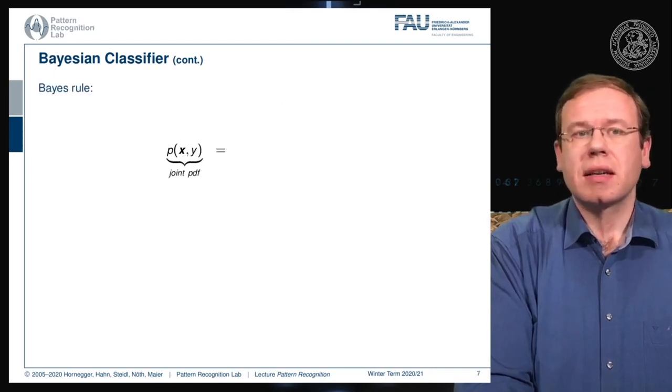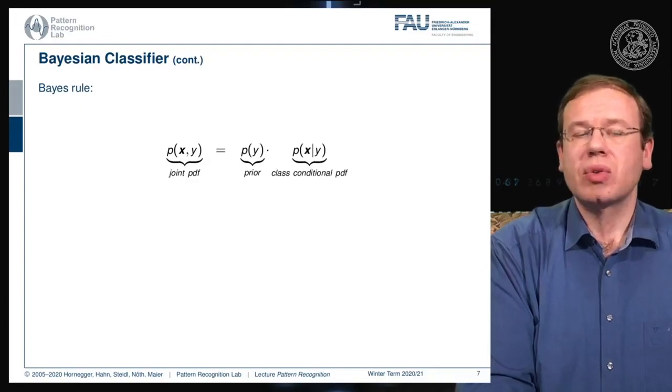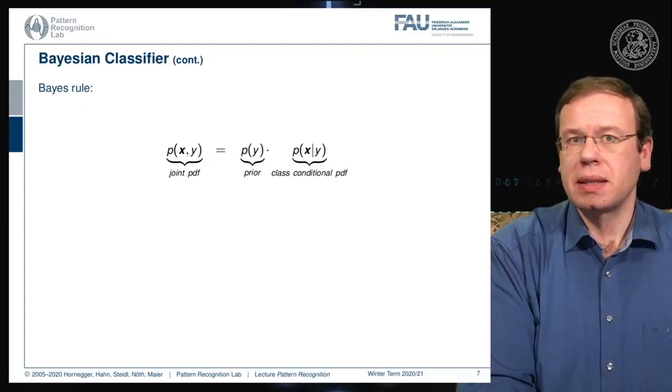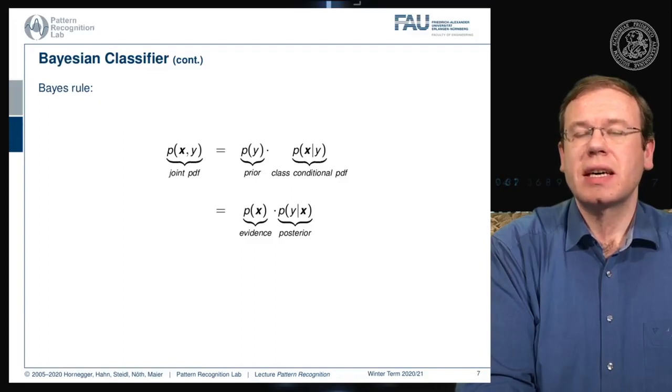Let's formalize this a little bit. So we've seen that the joint probability density function here with x and y can be decomposed into the prior, so the probability of using a certain coin, times the class conditional probability density function. Obviously, the same joint PDF can be produced by using the probability of the evidence times the posterior probability.